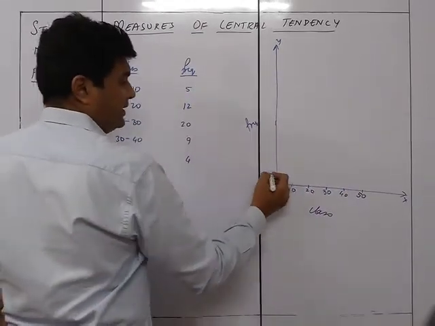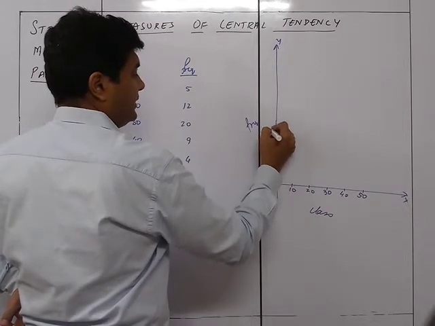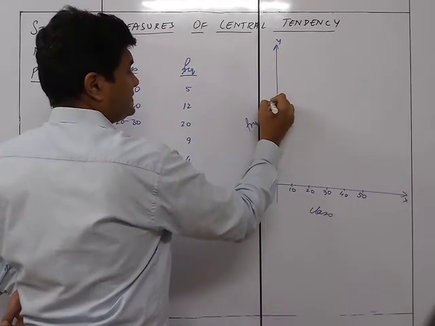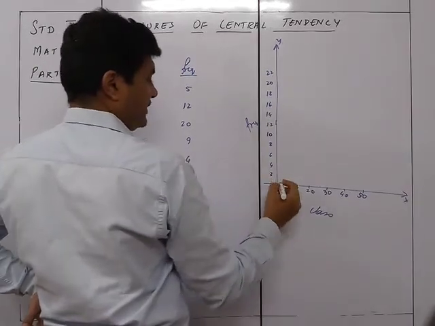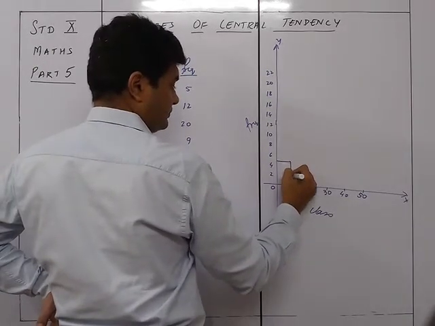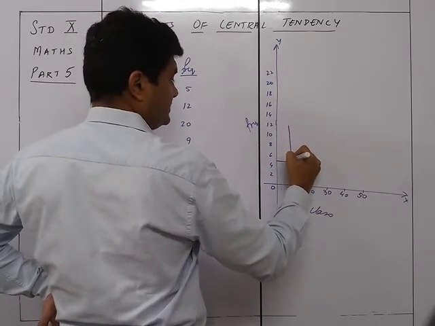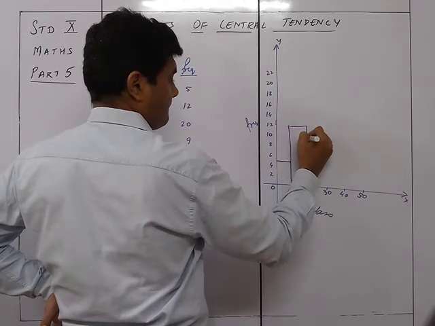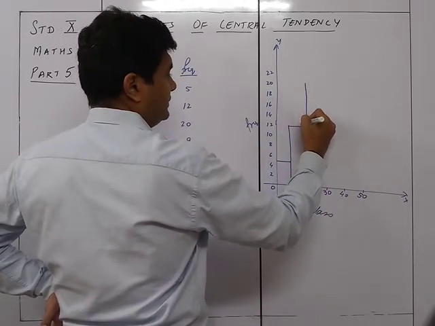This goes up to 20, so it will be 2, 4, 6, 8, 10, 12, 14, 16, 18, 20, 22. First one is 5, next is 12, next is 20, so you go up to 20 here.